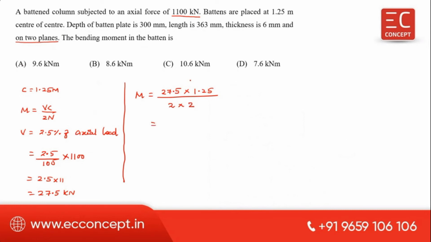If you simplify this, you will get approximately, let us take 27.5 as 28, then 7 fours are 28. Approximately we can take 7 into 1.25.